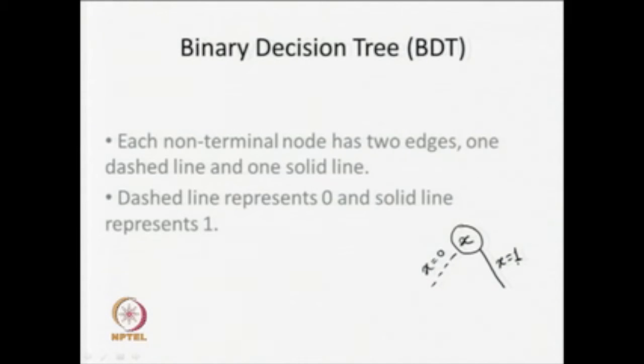I know that we are having only two possibilities, either x will be 0 or x will be 1. So, when I treat the valuation of a particular variable x, it has two outgoing edges. The dashed edge is the value of x equal to 0, and x equal to 1 will be represented by this particular solid line. So, every non-terminal node has two outgoing edges.